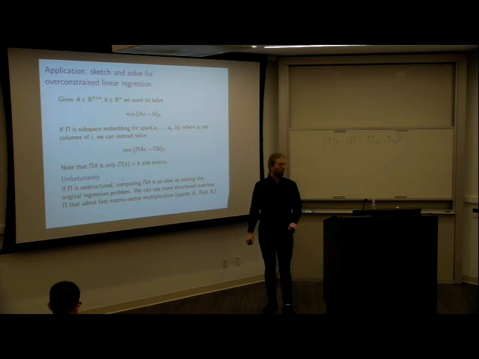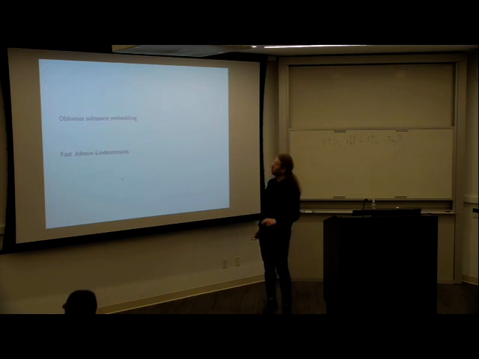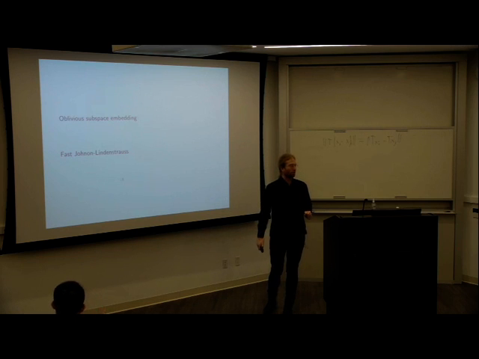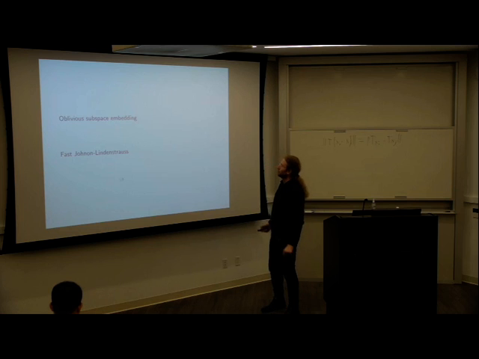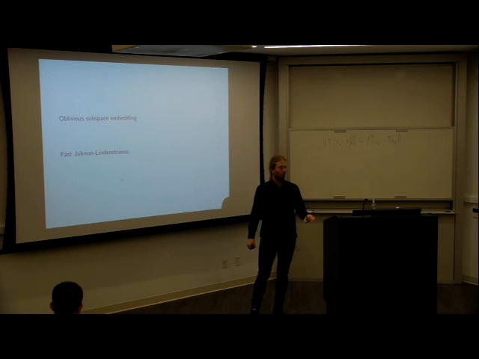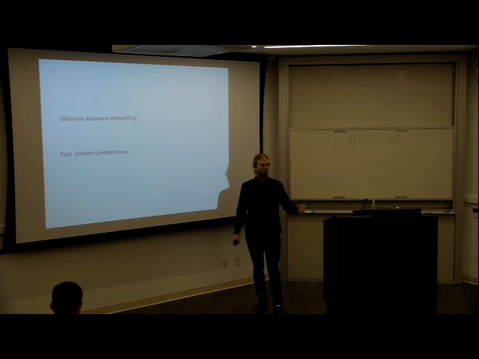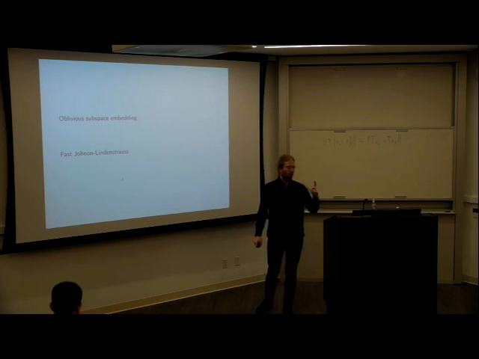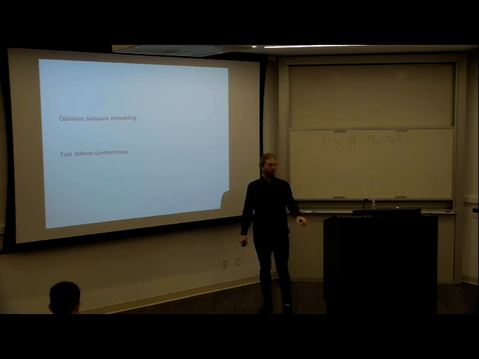So in order to speed up linear regression, we need to do two things. One is to show that whenever I have a distribution of matrices that satisfies distributional Johnson-Lindenstrauss, so with high probability it preserves the norm of any single vector, then in fact I can use this to get the oblivious subspace embedding property.